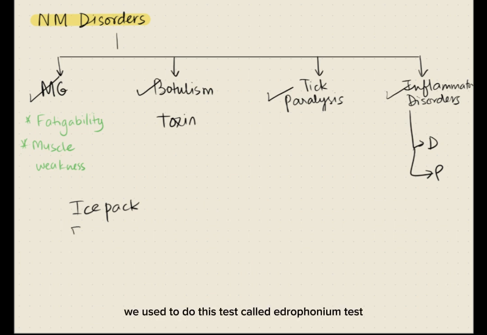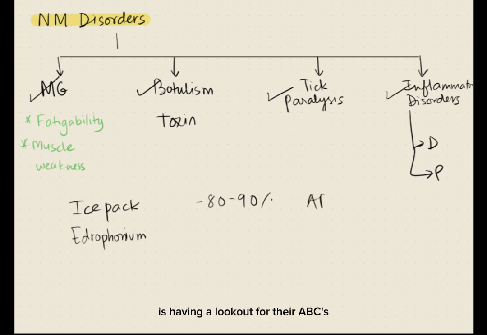In the past, we used to do a test called the edrophonium test. Today, it is an outdated test because it has a lot of false positives and false negatives. Serology testing can be positive in about 80 to 90% of the patients. But the key principle to managing these patients is keeping a lookout for their ABCs, in particular their airway.